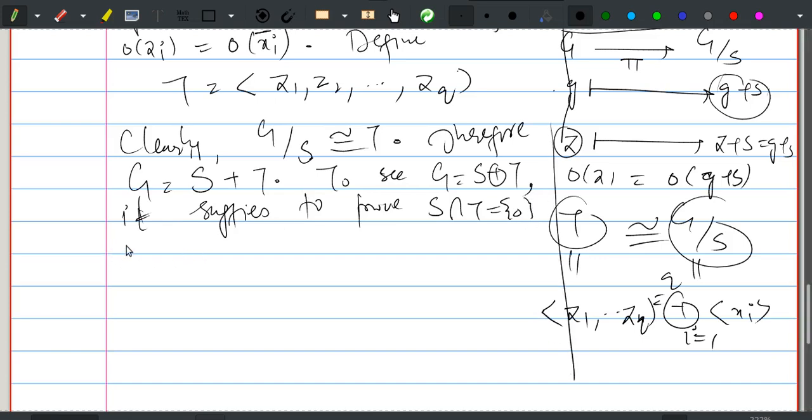So let us consider an element Y in their intersection.